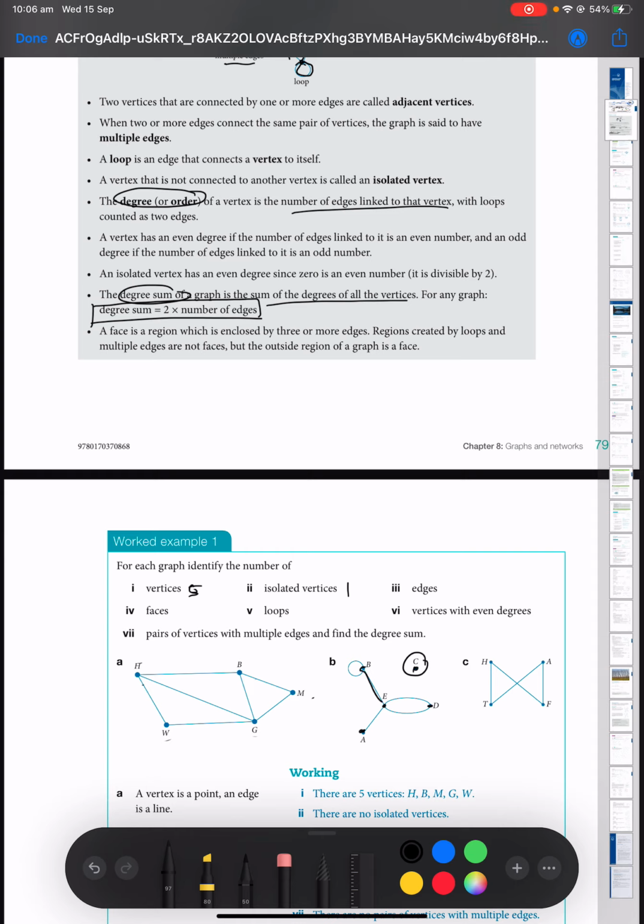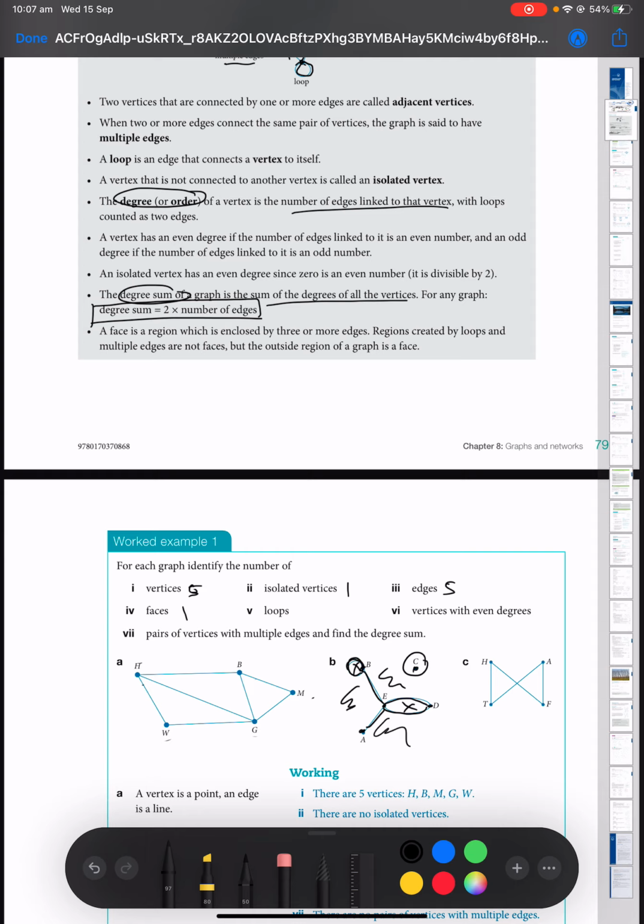There are 1, 2, 3, 4, 5 edges. In terms of faces, there is 1 face, because this is all of the outside of the graph. Remember, loops or multiple edges are not faces. So here we've only got the 1 face.